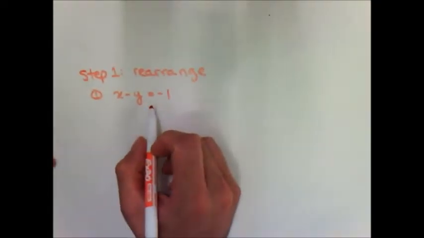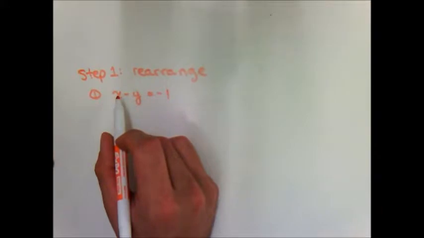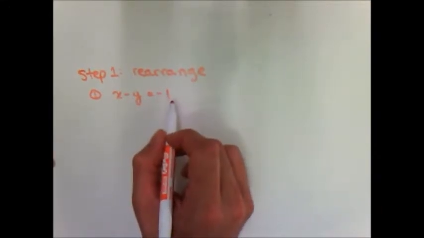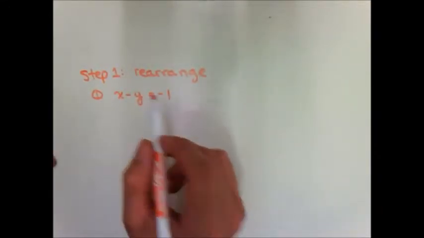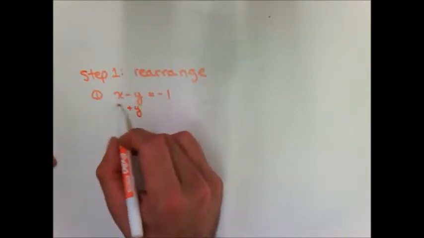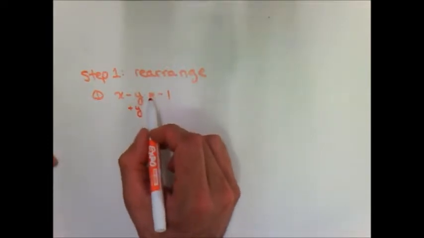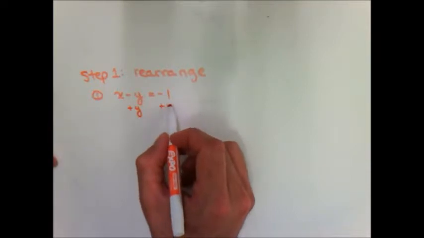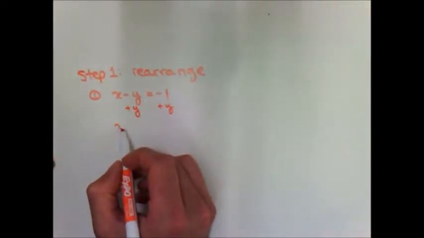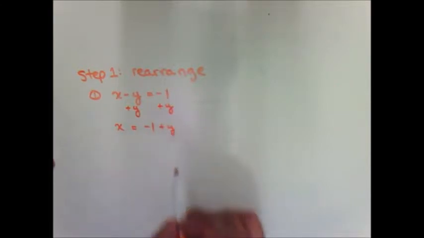I'm going to move y to the other side because that's easier. I want to work with a positive y. So step 1, I'm going to add y to both sides. In order to get rid of y over here, I need to add y. And in order to maintain equivalency, in order to make sure this statement remains true, I need to do the same thing to both sides. So here we now have x equals -1 plus y.